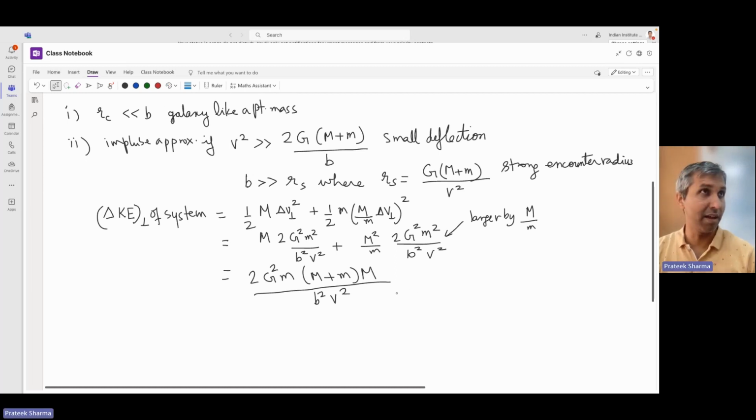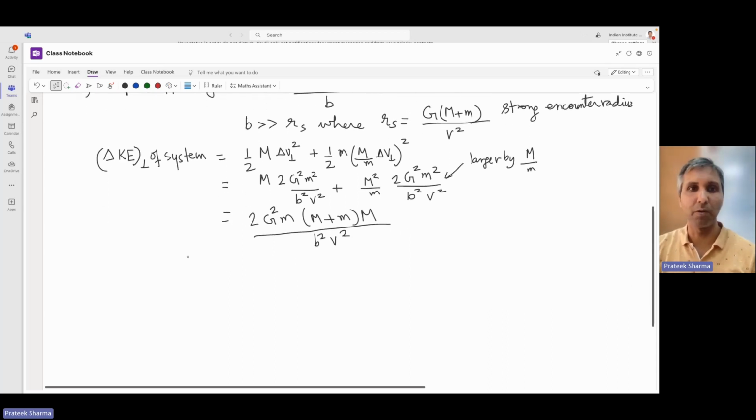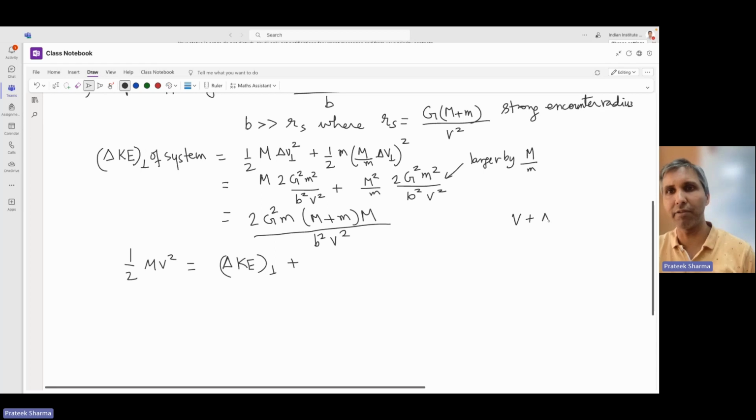But this energy has to come at the expense of the parallel kinetic energy, right? Because the total energy is conserved. So half capital M V squared should be equal to the gain in kinetic energy in the perpendicular direction plus, let's see, the galaxy's velocity after the collision becomes V plus delta V parallel.